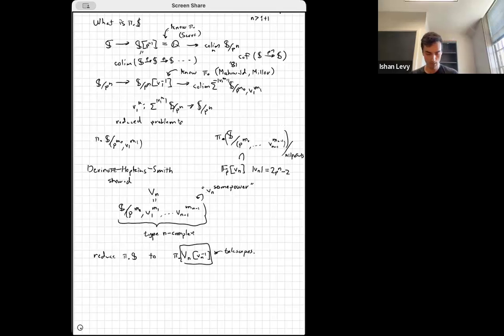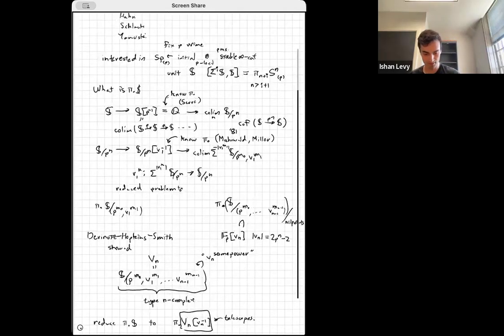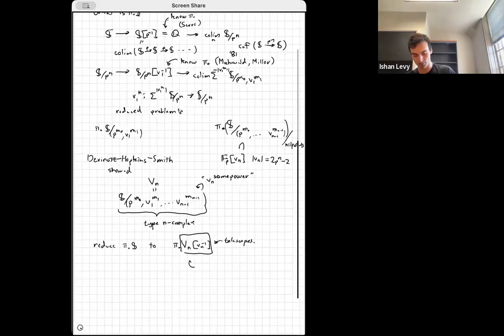Okay. And I sort of mentioned over here that we know the homotopy groups in the case of the 0th telescope and the first telescope. But actually, we don't know this. We don't know what the homotopy groups are ever for n larger than 1.